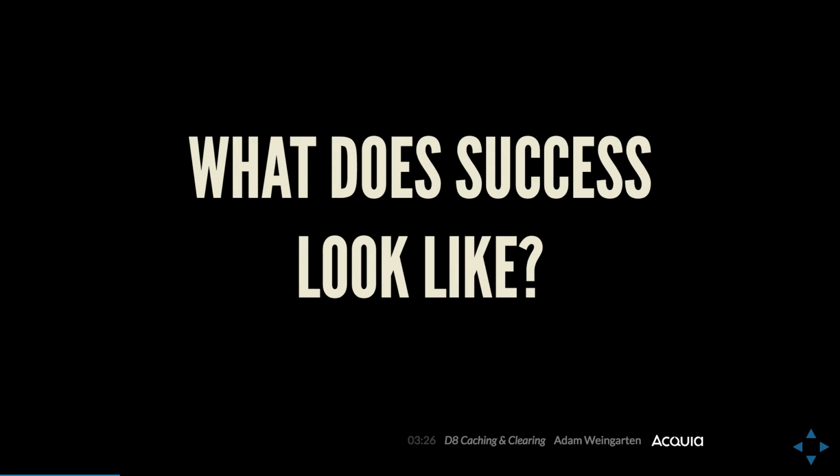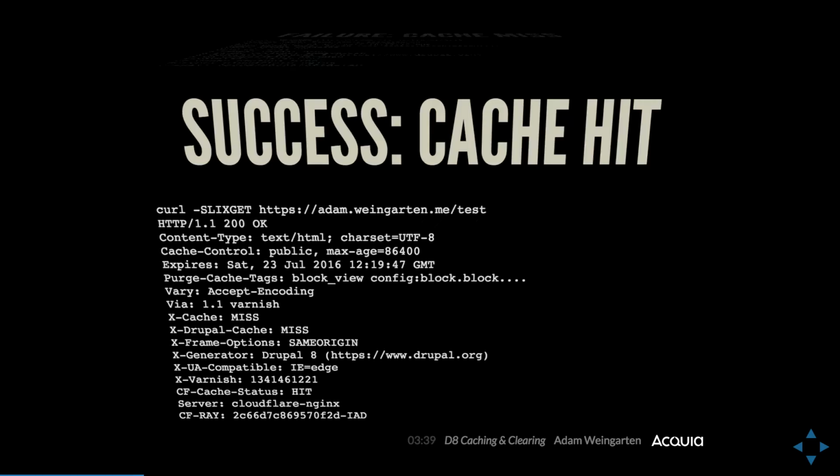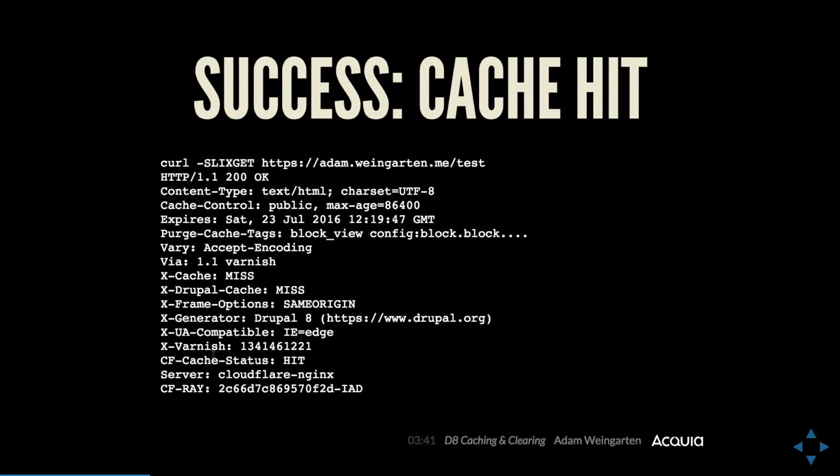So what does success look like if we're doing things well? Failure is a miss. Here, CF cache status: miss. This is an example from Cloudflare. What does success look like? It's hit. Literally one word makes the difference between failure and success when we're talking about caching at a CDN.